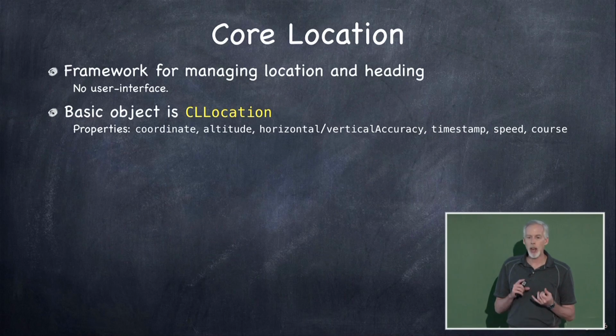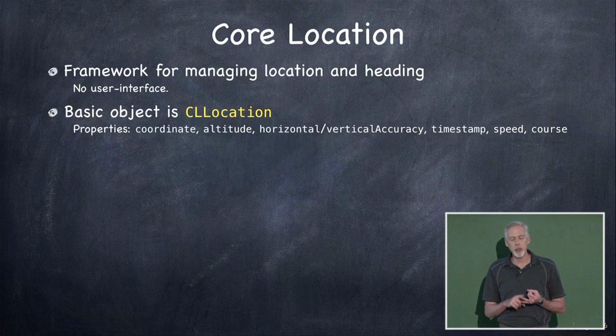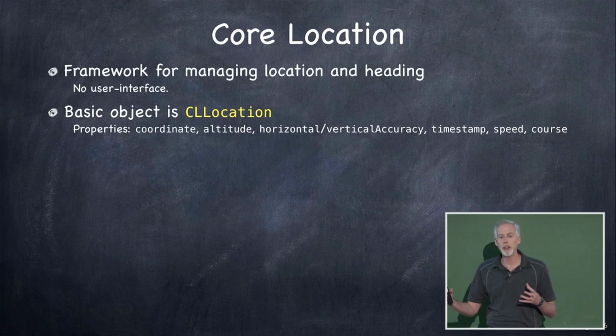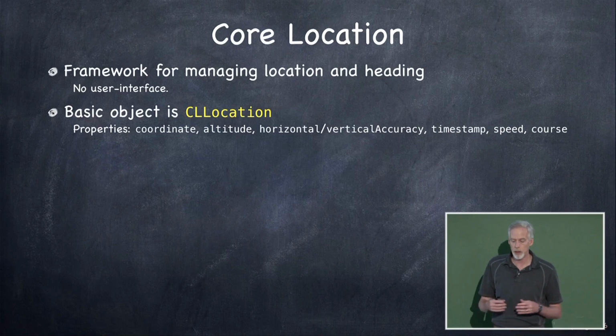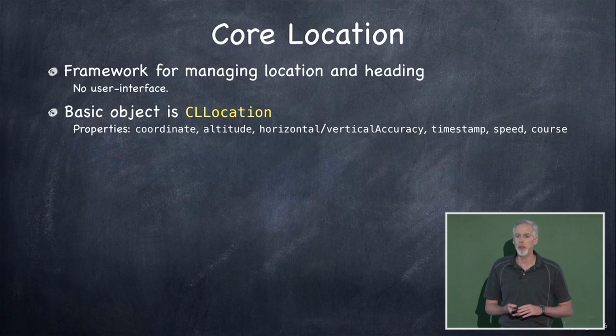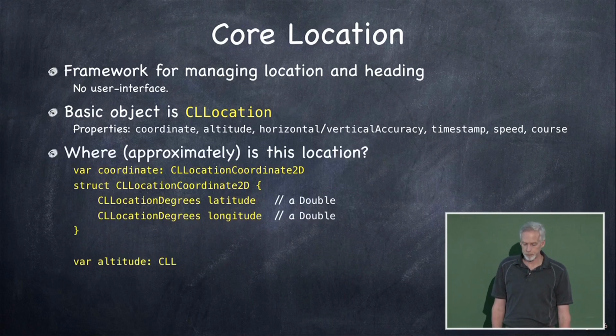A timestamp, when this thing was taken, you'll see that that's very important. A speed, if the system detected that you were moving at the time this thing was taken. And a course will tell you what direction you were headed in if it detects that you were moving at this point. So that's the basic collection of stuff in a CLLocation.